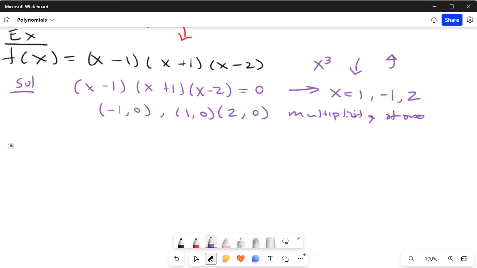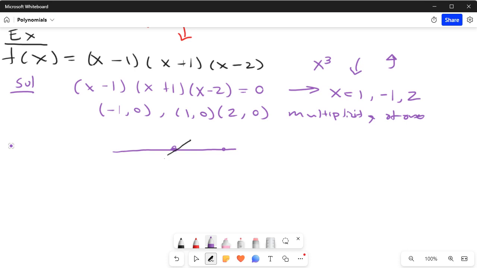And think of it this way. If you have an ordered pair with a multiplicity of 1, and you know that the graph passes through there, then it would look something like that. But if it was a multiplicity of 2, then it would mimic the behavior of a degree 2 polynomial, which is a parabola.